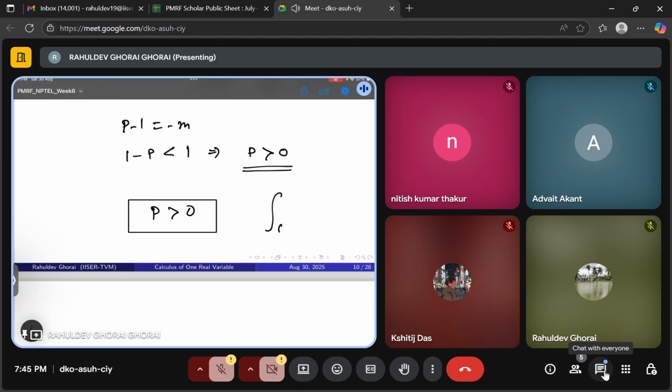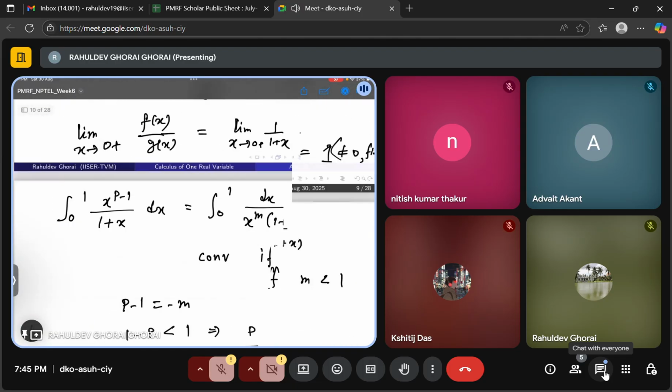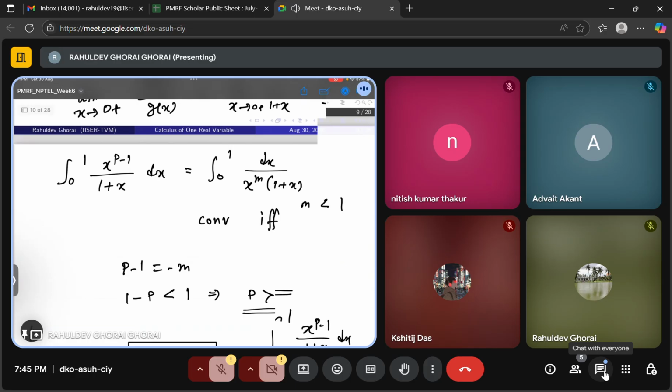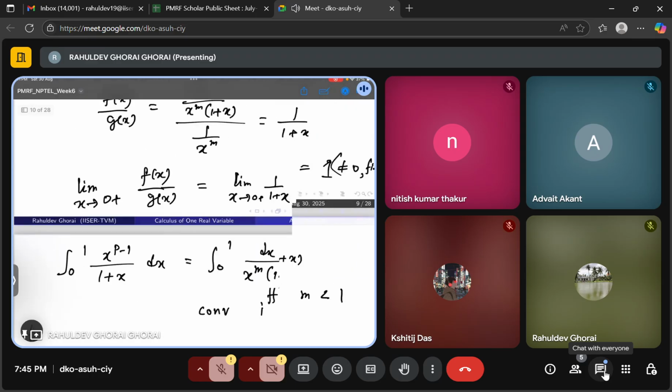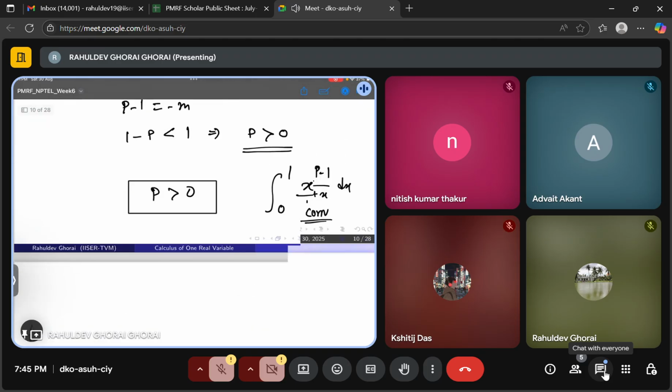Then the integration over 0 to 1, x to the power p minus 1 over 1 plus x dx converges. See how important the result is, but it was very easy to check using, instead of 0 we take 0 plus epsilon and we do the limit. Sorry, we don't need to do that. It's like a comparison principle kind of thing.